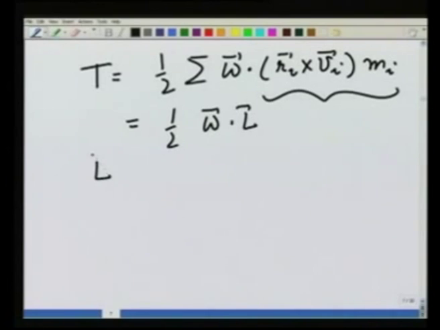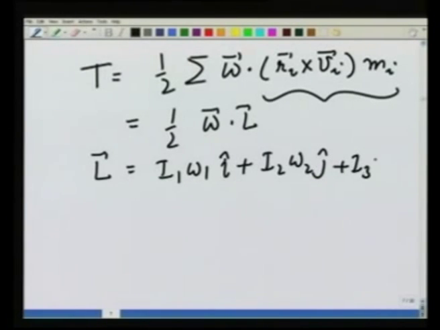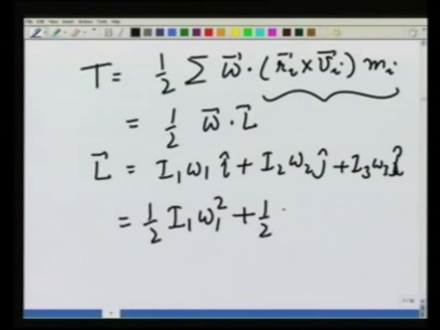Using L equal to, in the principal axis notation, I1 omega 1 i plus I2 omega 2 j plus I3 omega 3 k, this comes out to be 1/2 I1 omega 1 square plus 1/2 I2 omega 2 square plus 1/2 I3 omega 3 square.